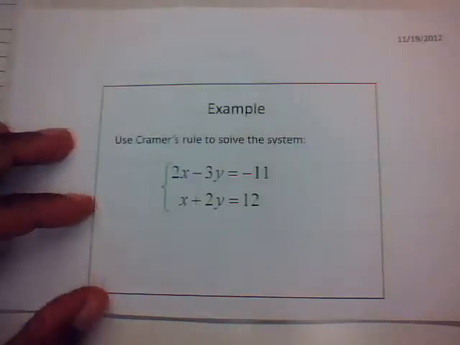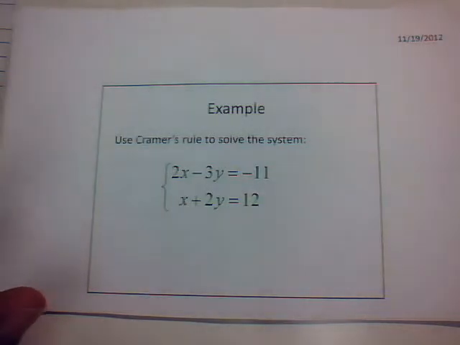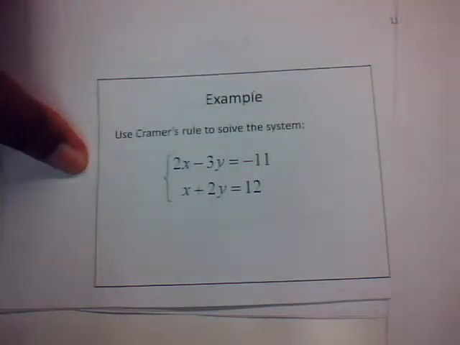Okay. Now let's look at an example of how to use this concept to solve a system of linear equations. Let's say we had this: 2x minus 3y is equal to negative 11, and x plus 2y is equal to 12. And here I want to use Cramer's Rule to solve this system. So what I'm going to do here on a piece of paper is rewrite this system.